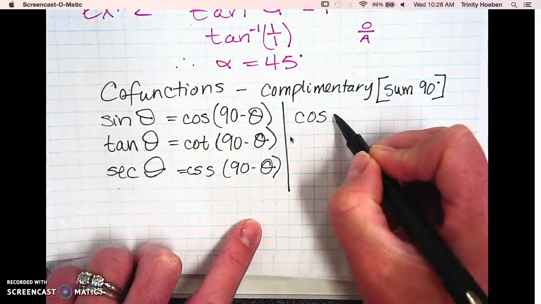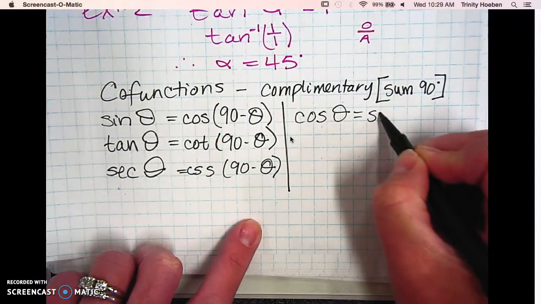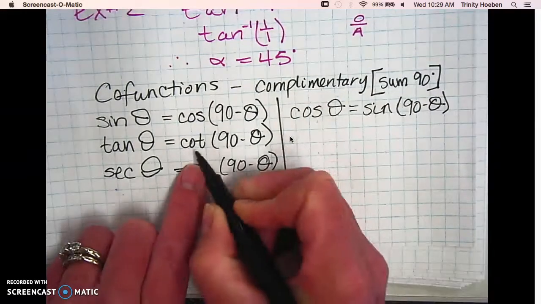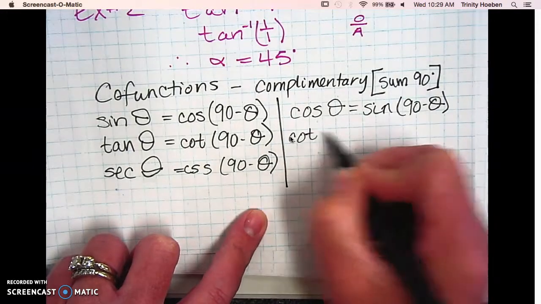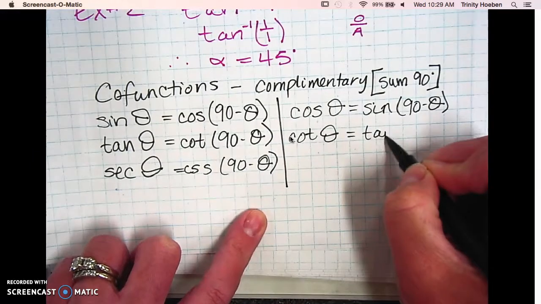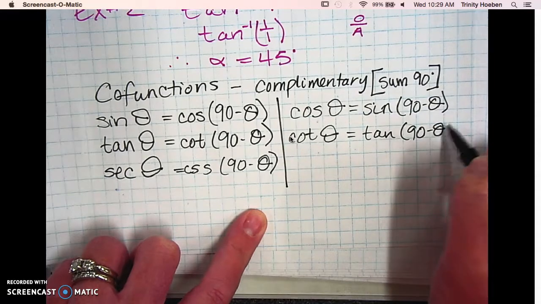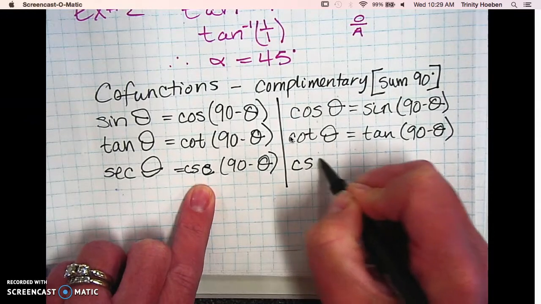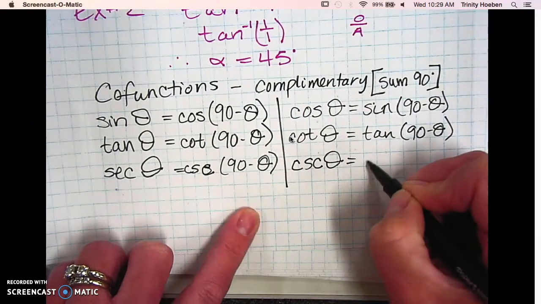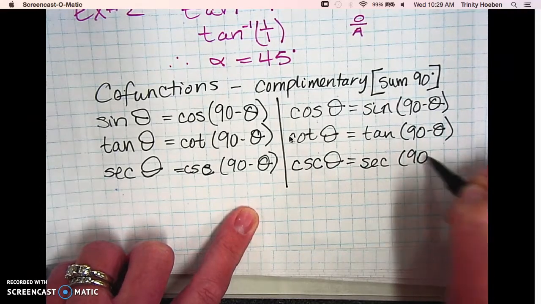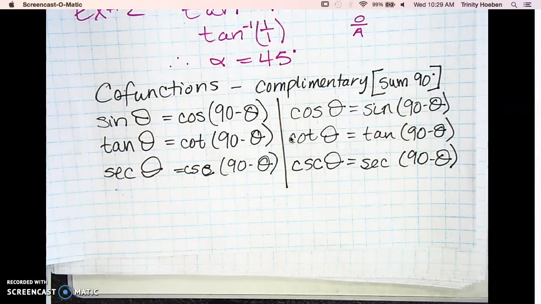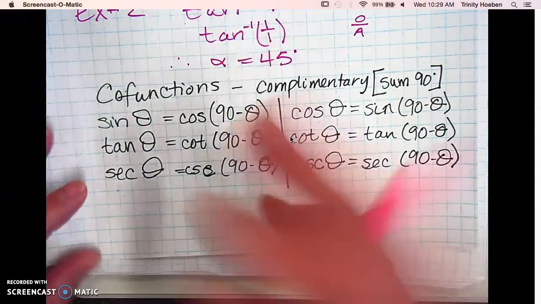So cosine of theta is going to be equal to the sine of 90 minus theta. And this one backwards too. Cotangent theta, tangent 90 minus theta. And the last one, oh, that should be a C. Cosecant theta is going to be secant of 90 minus theta.